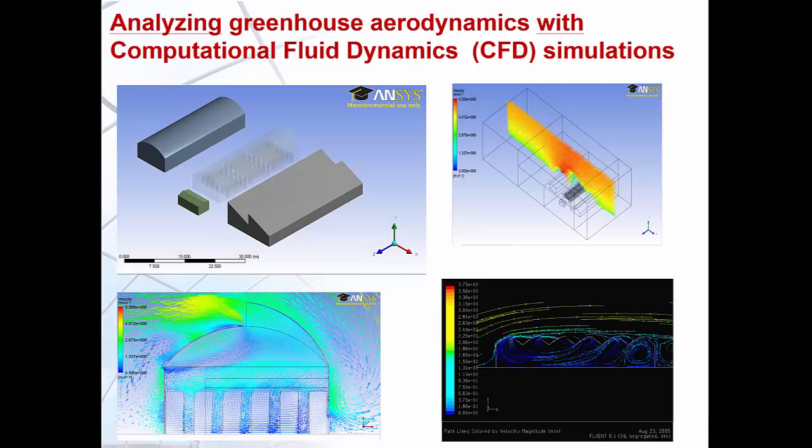So because of that, for the past decade or so, researchers have used CFD widely as an effective design and engineering tool to evaluate greenhouse aerodynamics, including the effect of greenhouse designs, ventilator opening configurations, crop existence, external wind velocities, and wind directions.